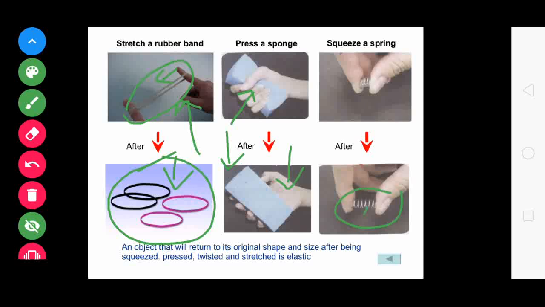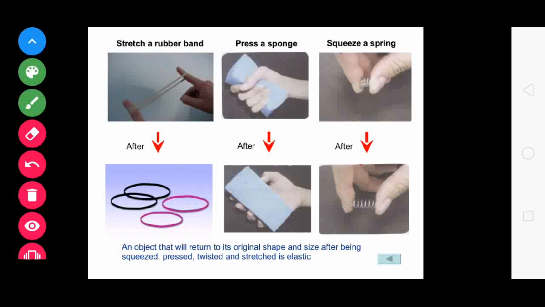It's in the original shape first, and the man is pushing this string, and it gets changed temporarily. If we lift this force, it will maintain its original shape. So these are temporary changes. A force can change the shape of an object temporarily, or it can change the shape permanently.